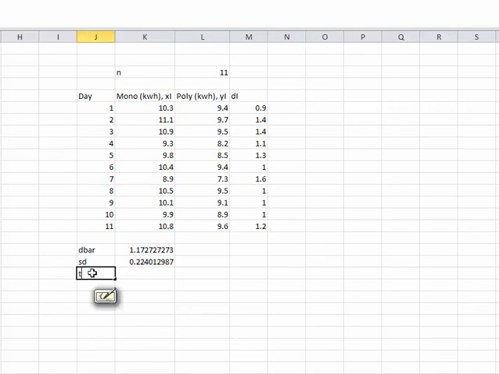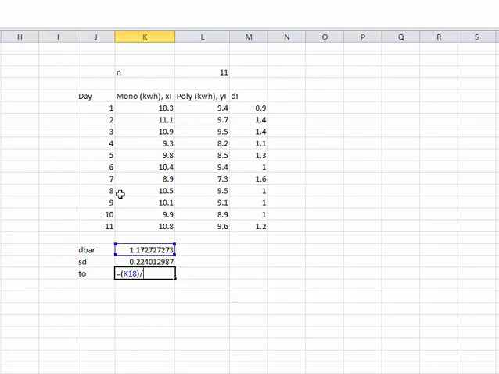So our T naught is equal to d bar minus our delta naught, but again, because we're testing the differences between the two such that they are equal, so we're saying that that difference is 0, we're not going to include it.